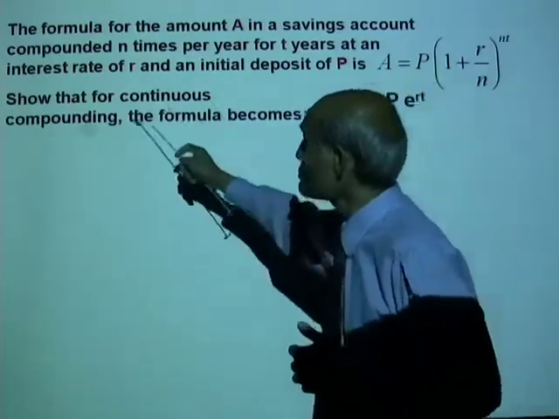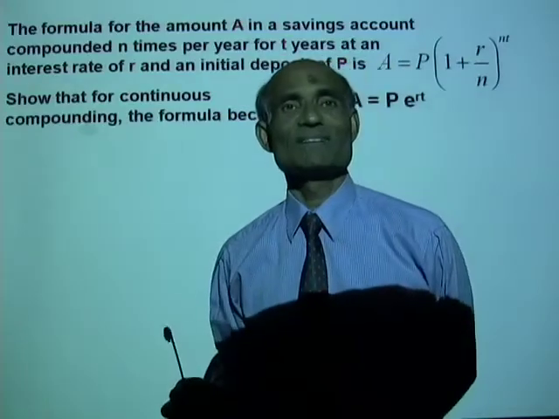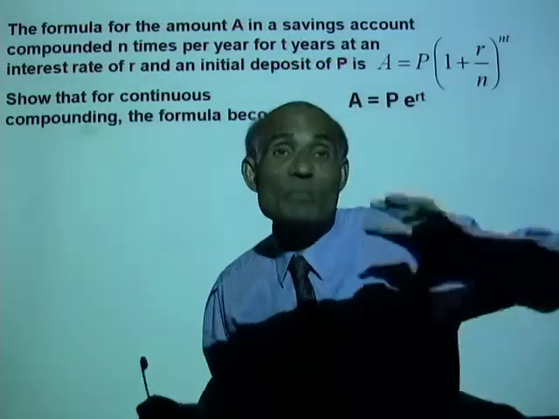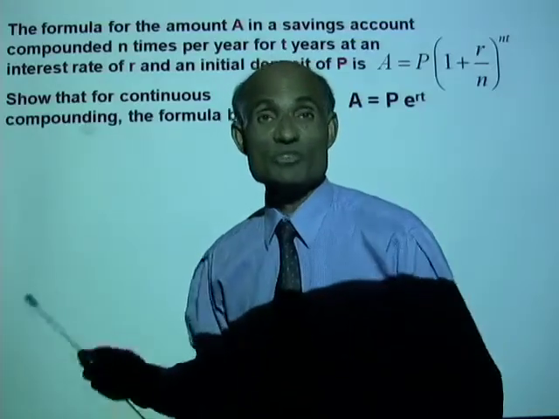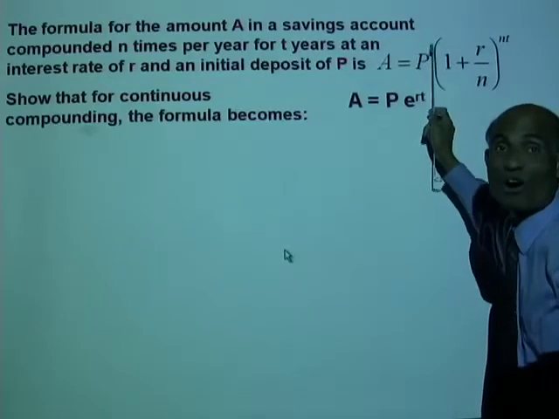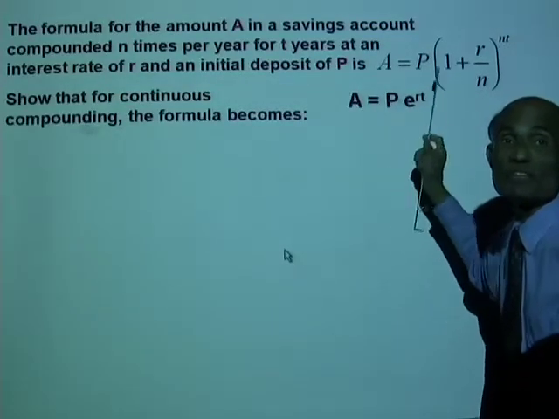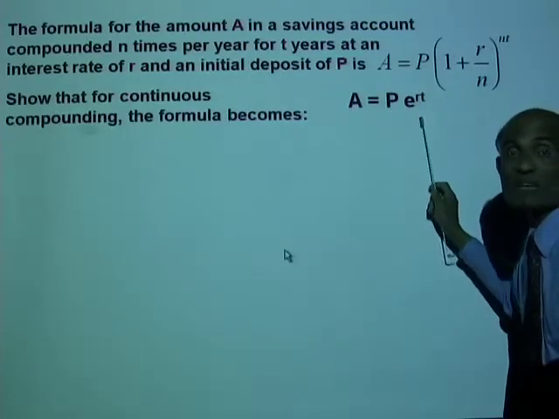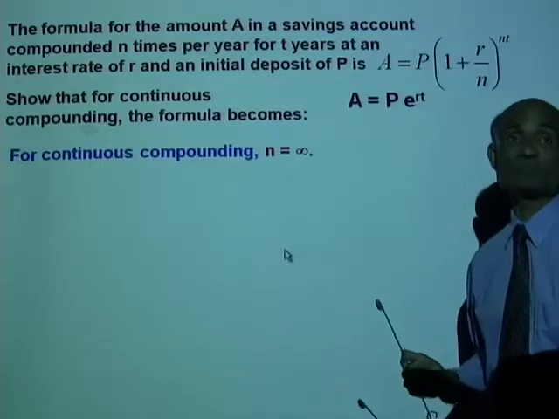But if the interest is compounded continuously, what's the value of n? The value of n will be infinite. There will be infinite calculations every year. So, what we are required to find is the limit of this quantity when n goes to infinity. Show that that limit equals P e to the power of rt.